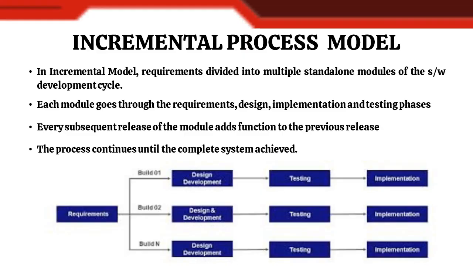Every subsequent module adds new functionality to the previously delivered modules. This process continues incrementally until the complete system is developed and fully functional. In short, instead of delivering the entire software at once, the incremental model builds the system step by step, making it easier to manage and test.